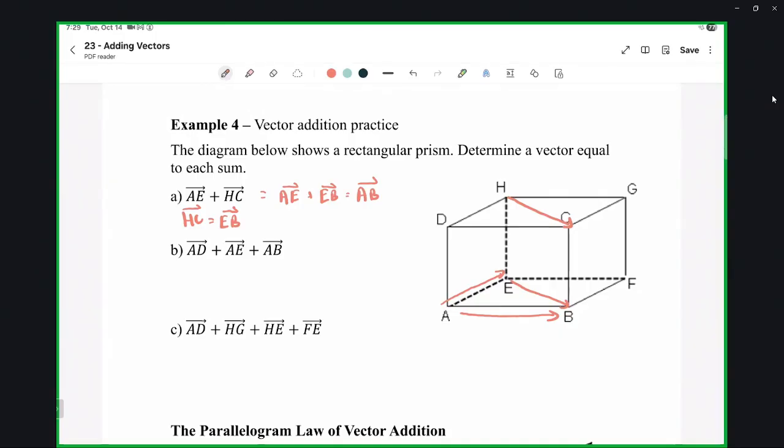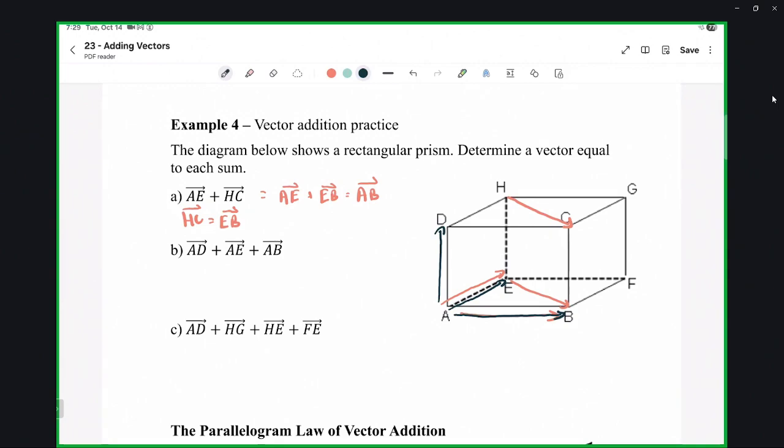Okay. For letter B, we've got vector AD plus AE plus AB. Okay, fair enough. So we're starting at A. So we have vector AD. Here it is here. Then we have vector AE. There it is here. And then we have vector AB. And so where do we want to end up here? And so again, the way to think about this is just to think about where we could position these vectors that might make more sense perhaps.